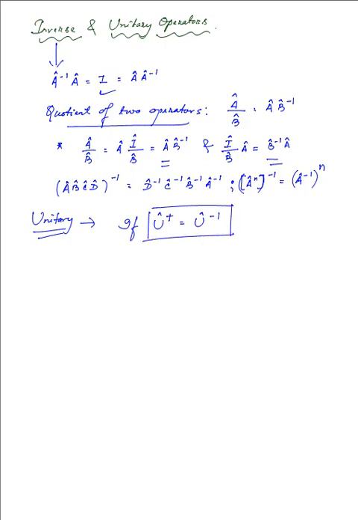Or if we are multiplying U on both sides, what do we get? We simply get U with the adjoint of U is equal to U adjoint of U, and that is going to give us the unit operator, because multiplying both sides with U we end up with I on this side, and that is what we just put over here.